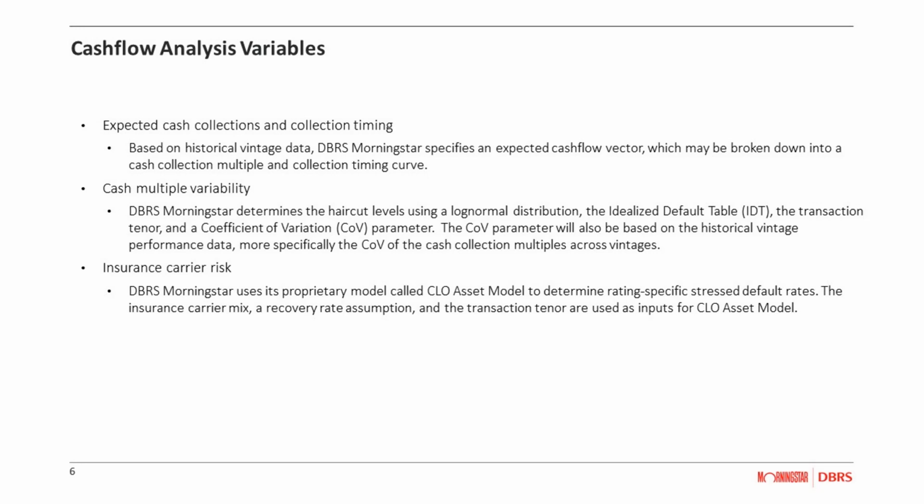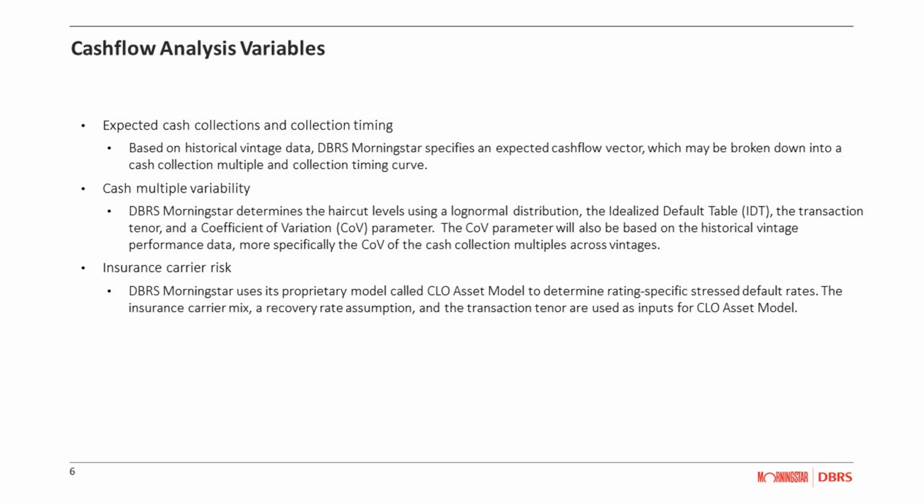And the model uses several key inputs, such as notional exposure calculated based on each insurance carrier's share of the pool, the insurance carrier's credit rating, or other opinion, or expected recovery, and correlation assumptions among the carriers. And expected recoveries are usually assumed to be in the 50% to 70% range.